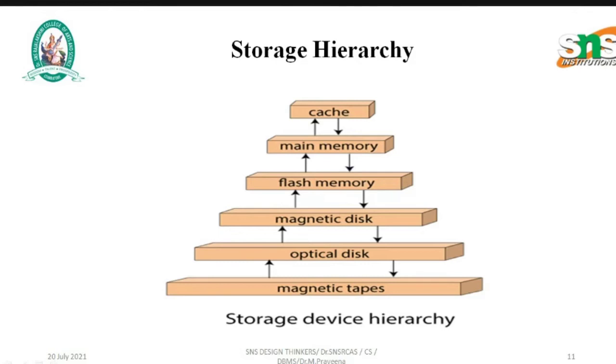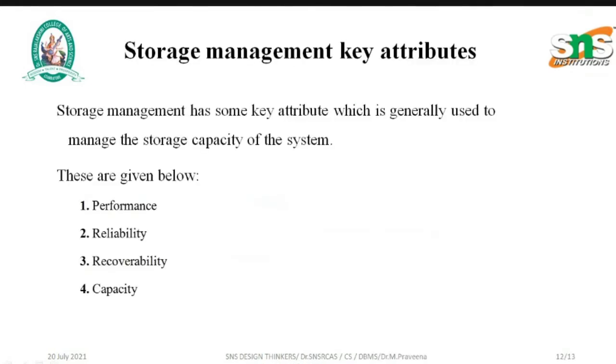That is the secondary storage. And also optical disks and magnetic tapes are tertiary memory, in which the data access speed is very low when compared to cache and main memory. These are the storage device hierarchy.